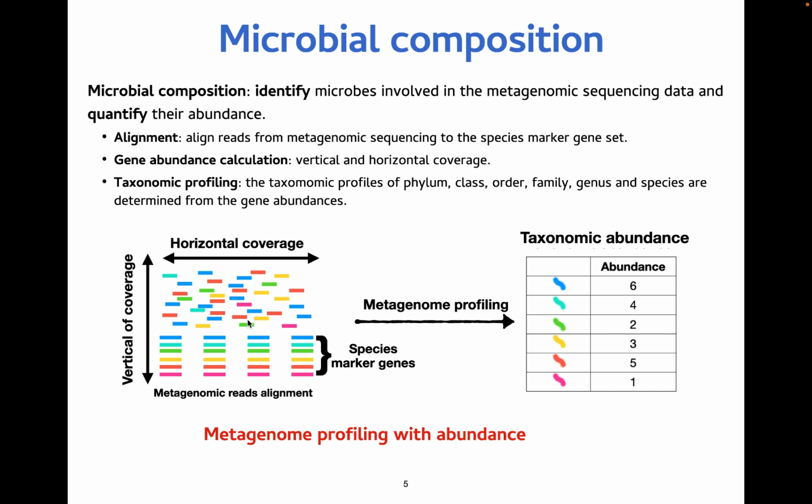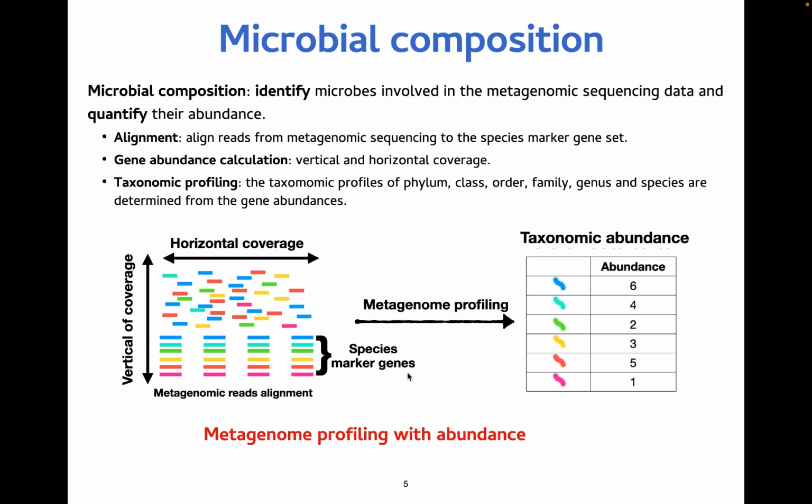We can see in this figure, these are metagenomic short reads. These are species markers. A line means a species marker gene, and lines with different colors indicate marker genes of different species. After alignment, we can calculate the gene abundance based on the vertical and horizontal coverage.